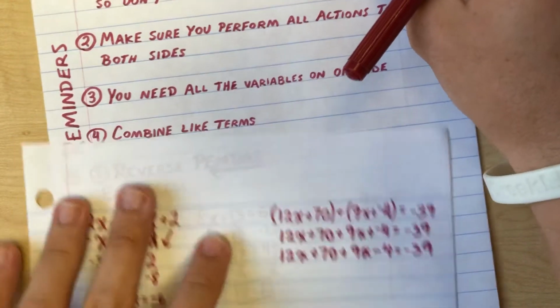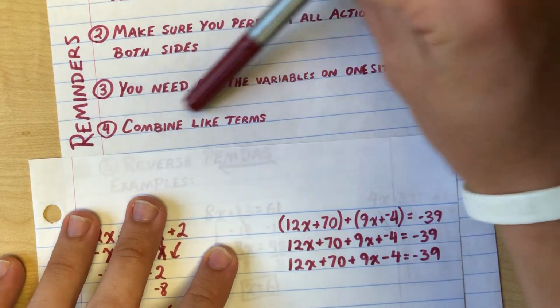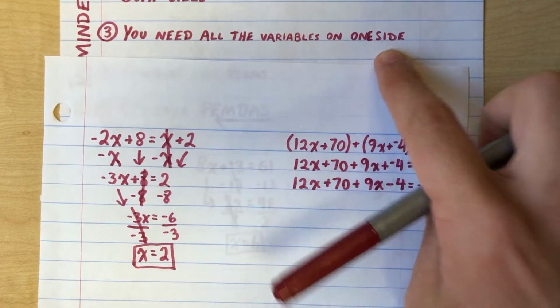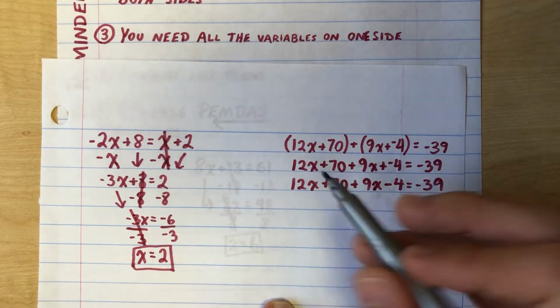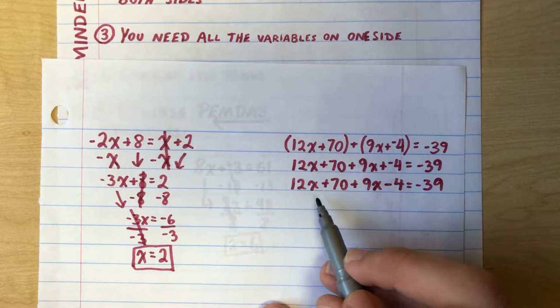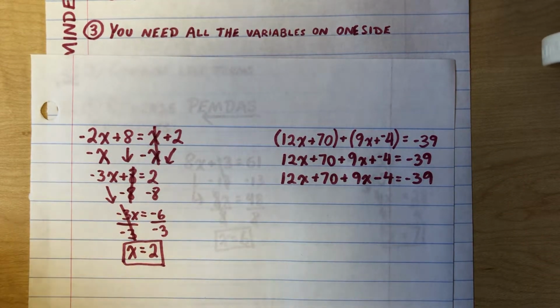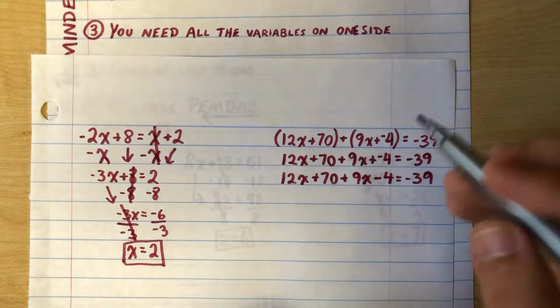And that is reminder number 4, all right? Combine like terms. So although all of your variables are on one side, you still need to combine them, all right? So we have like terms here. Just so we know, a like term is something that has the same variable or lack of, all right? So for instance, I'll do these first.